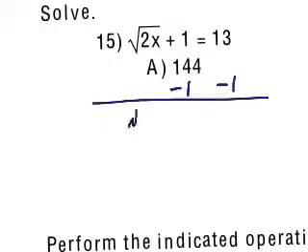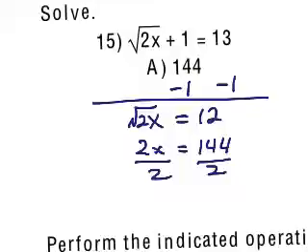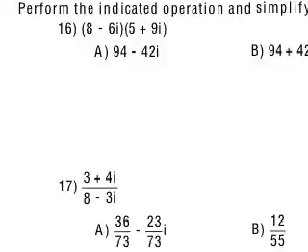That'll give us the square root of 2x equaling 12. If we square both sides, we get 2x equals 144. And then we divide by 2, x equals 72.